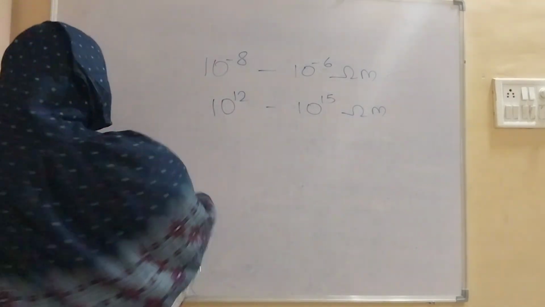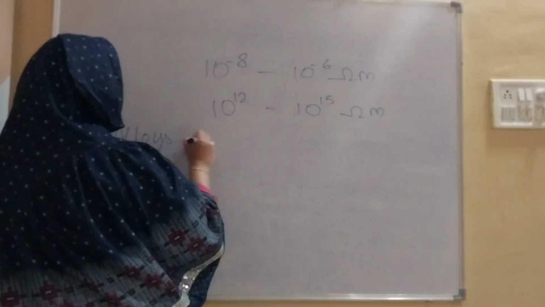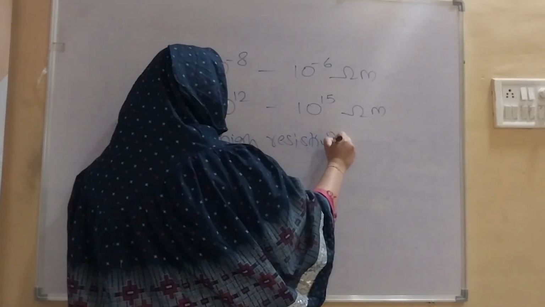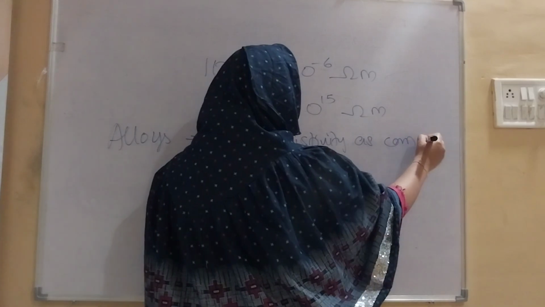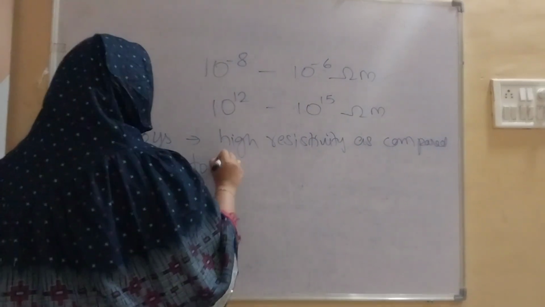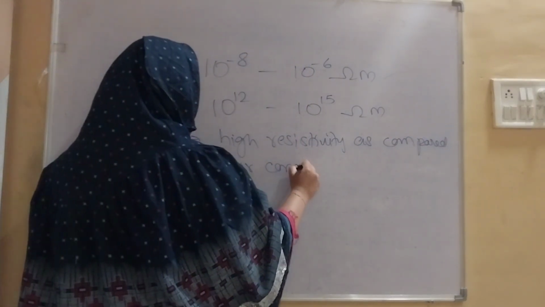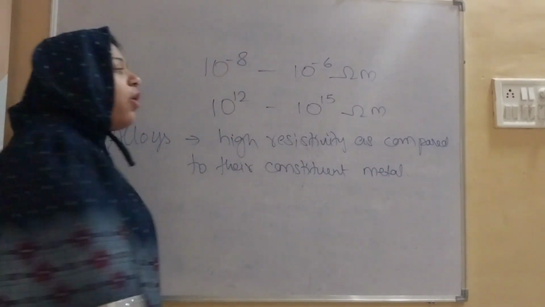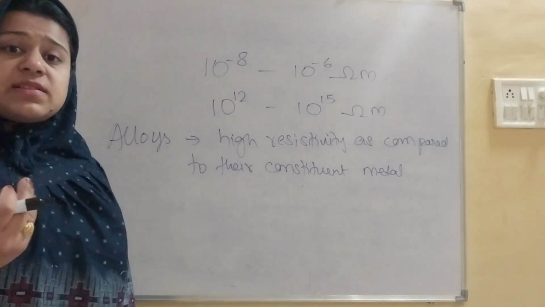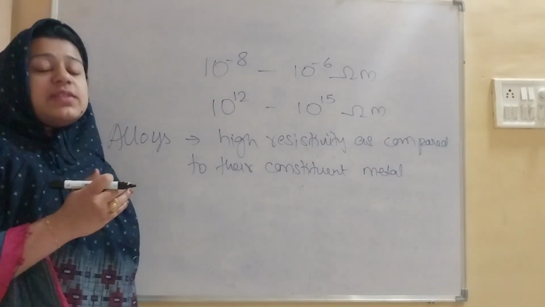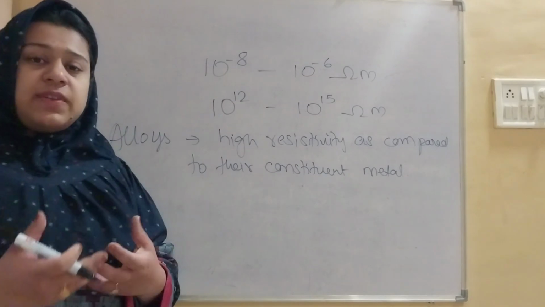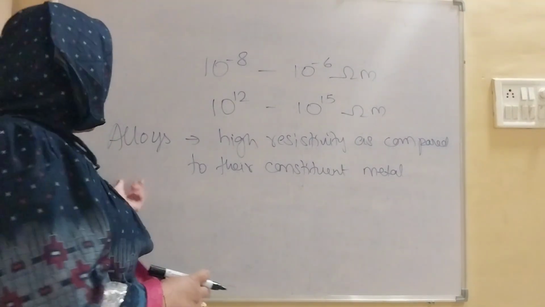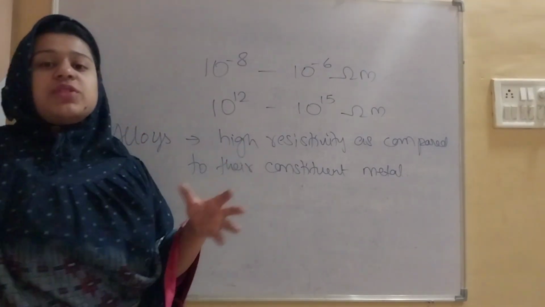Alloys usually have a high resistivity as compared to their constituent metals. For example, an alloy of copper will have higher resistivity than copper itself.